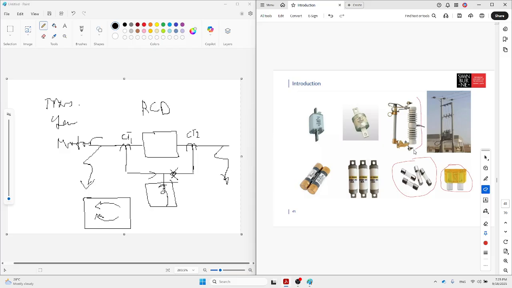So we have a type of fuse. This is the handle, and this is the fuse. We call it a cutout fuse, and these are the normal fuses available in the market. I think you saw this one inside some extension cord, power cord extension available at home.